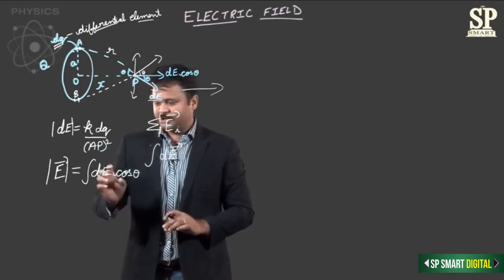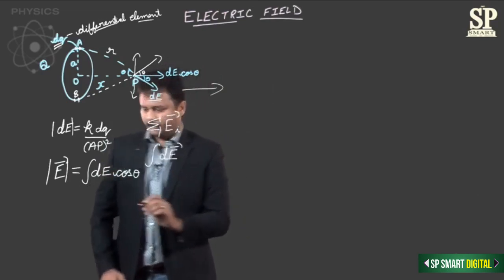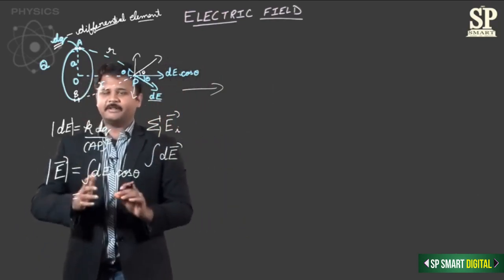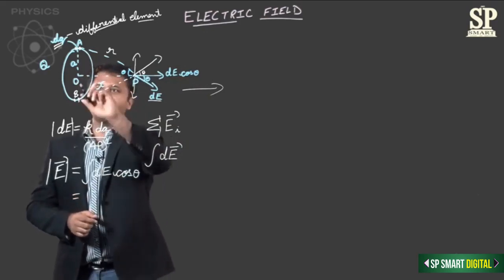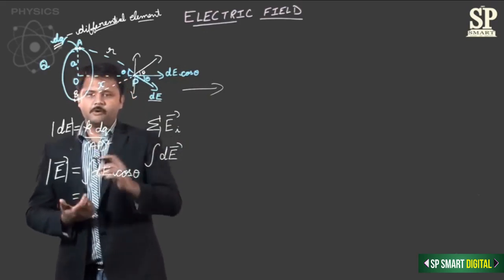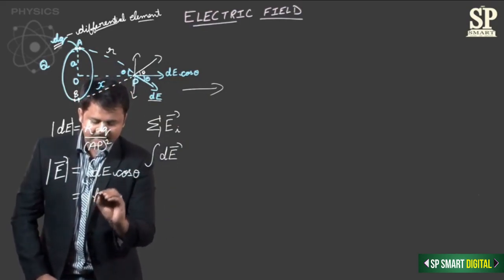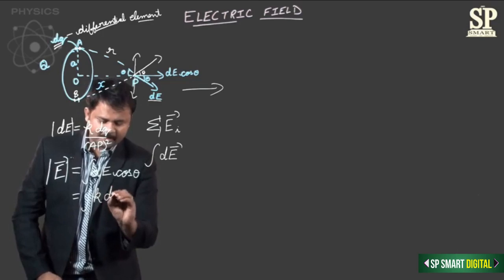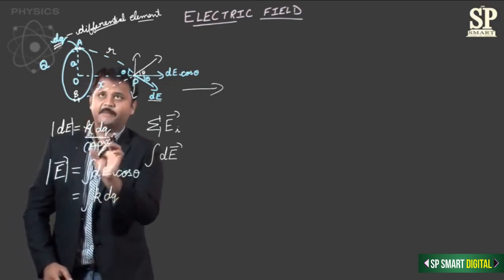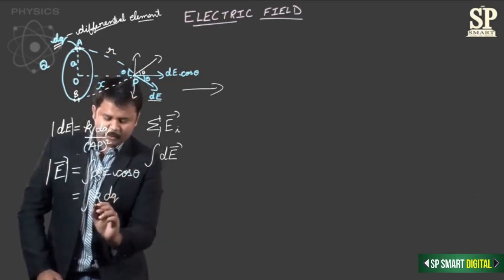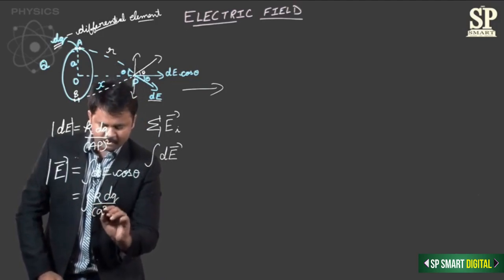Now let's just substitute the value of dE here. I'll write everything in terms of x, which is OP, and a, which is OA, the radius of the ring. So I have k here, then dq remains there. Then AP square is a square plus x square by Pythagoras theorem.